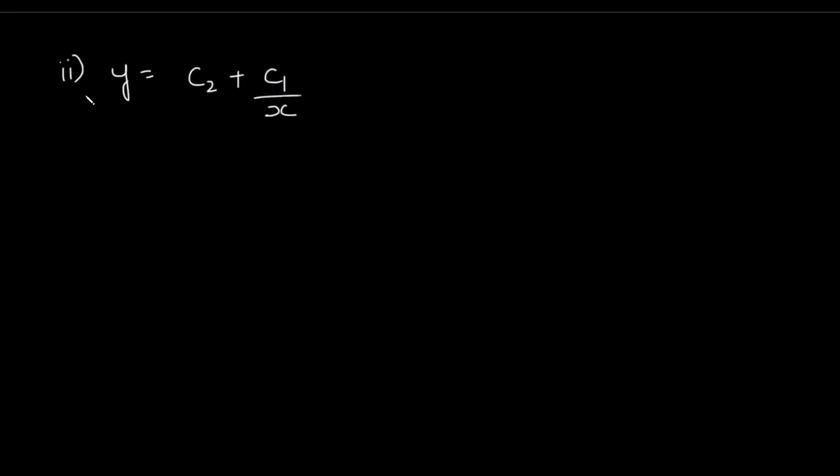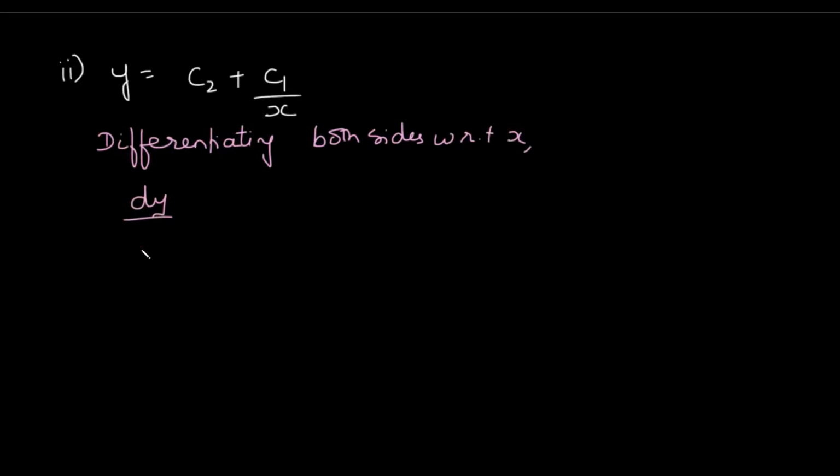In the second question, y is equal to c2 plus c1 upon x is given. Since there are two constants, we are going to find it until the second order derivative. So initially differentiating with respect to x, we get dy by dx is equal to, now c2 being a constant becomes 0.